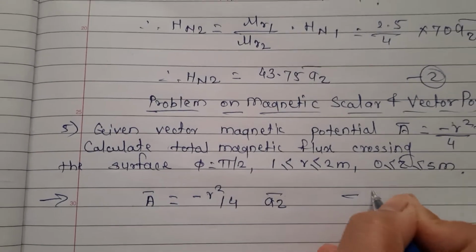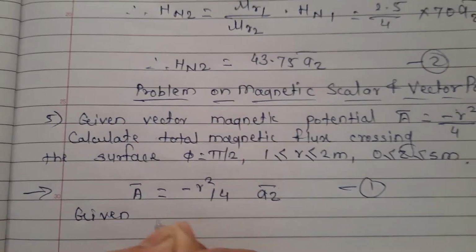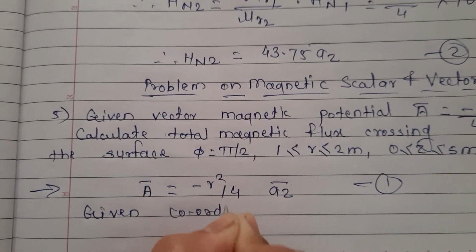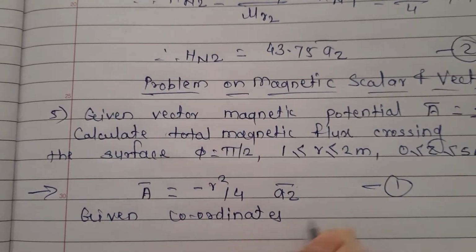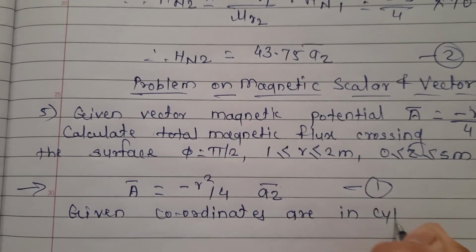The given coordinates are in the cylindrical coordinate system. So we write first the given equation, A bar is equal to minus r square by 4 aZ bar. This is equation 1. We write given coordinates are a cylindrical coordinate system.